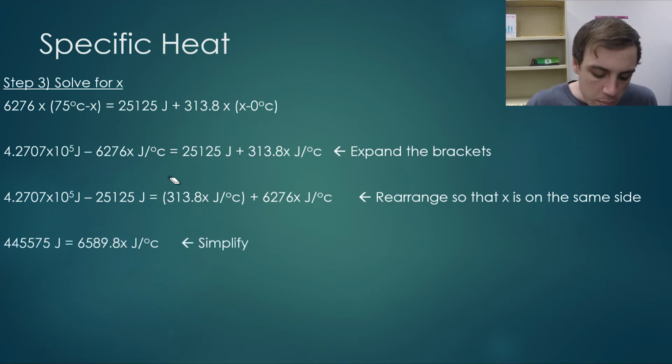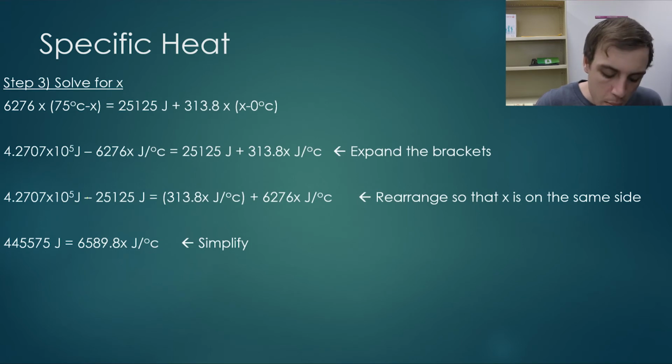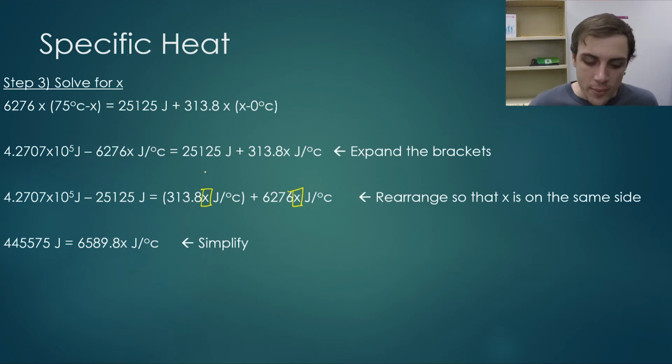So we now simplify. We've got 4.27 times 10 to the 5 minus 25,000, and that will give us 445575 joules. And we have our X. We can add these together because they have the same unknown, which gives us 6,589.8x. Now we can isolate and get X by itself.